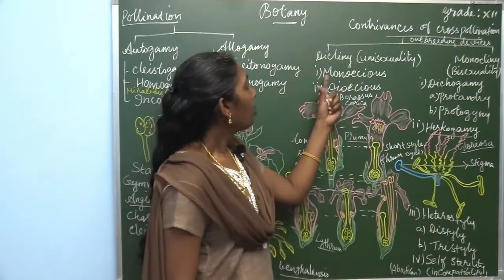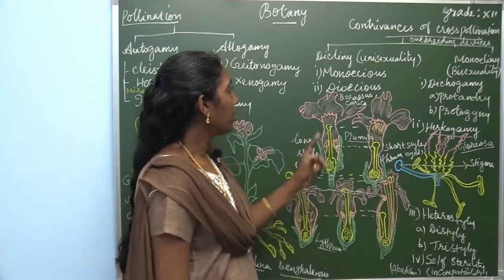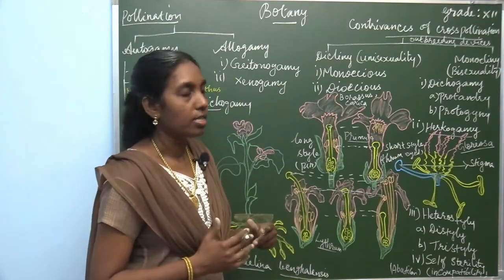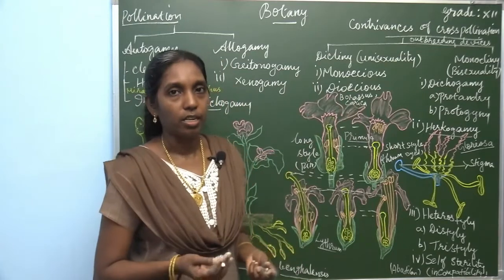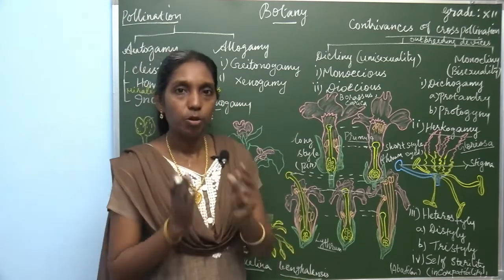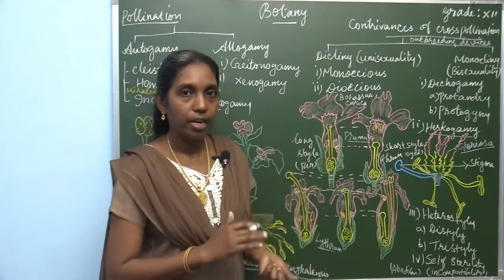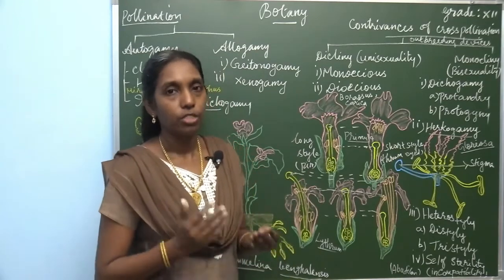Let's see the types under this. In dicliny, or unisexuality, two types are seen: the monoecious condition and the dioecious condition. Both are unisexual.